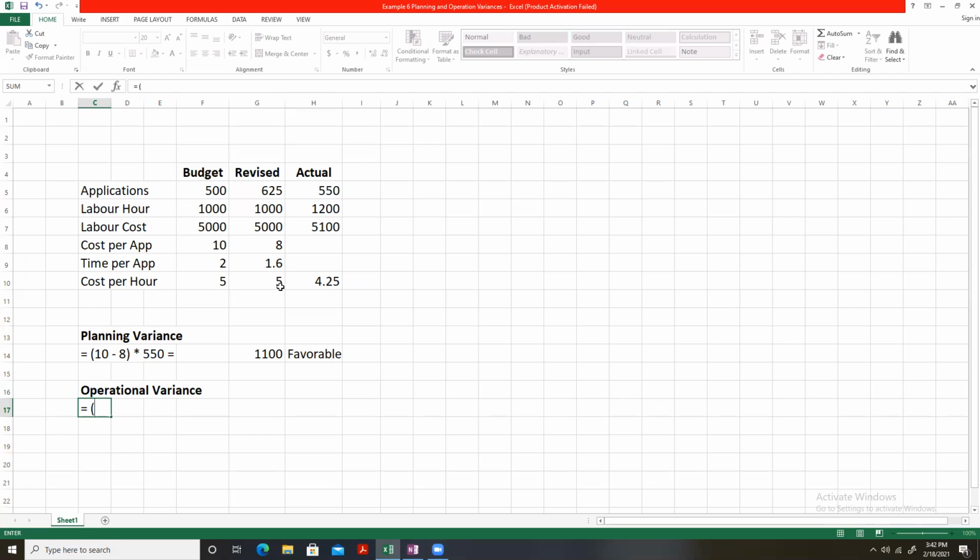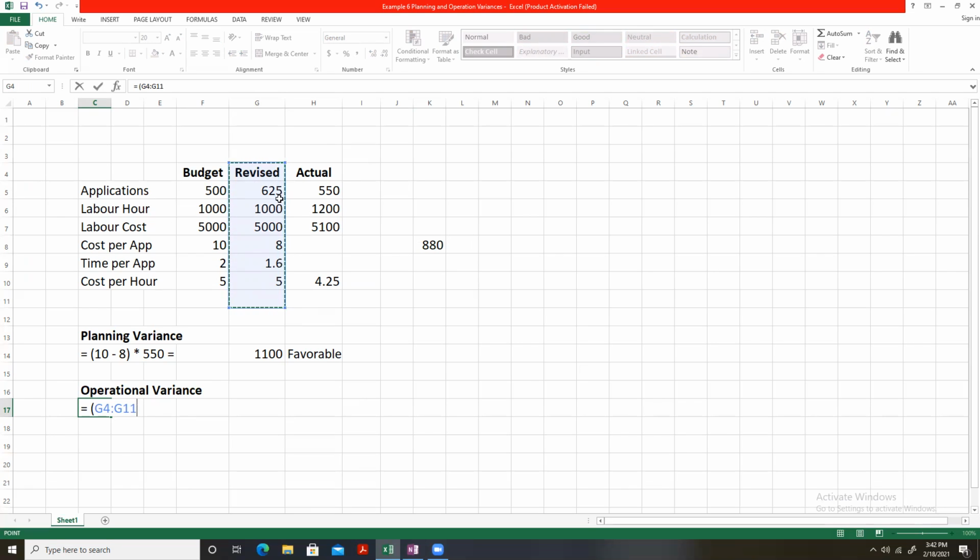According to the revised standard, the 550 applications that we processed should have taken 550 multiplied by 1.6, which is 880 hours.